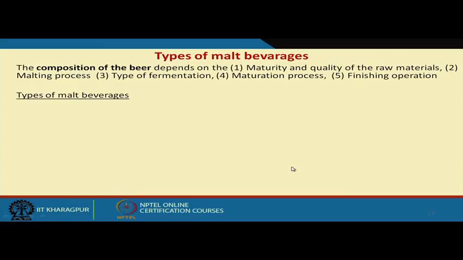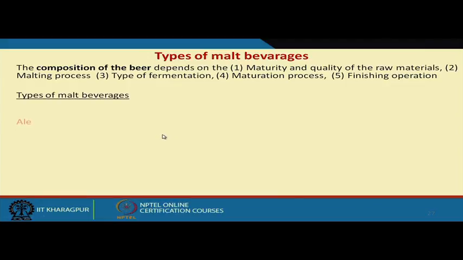Then the composition of beer depends on different parameters: the maturity and quality of the raw materials, malting process, type of fermentation, maturation process, and finishing operation.